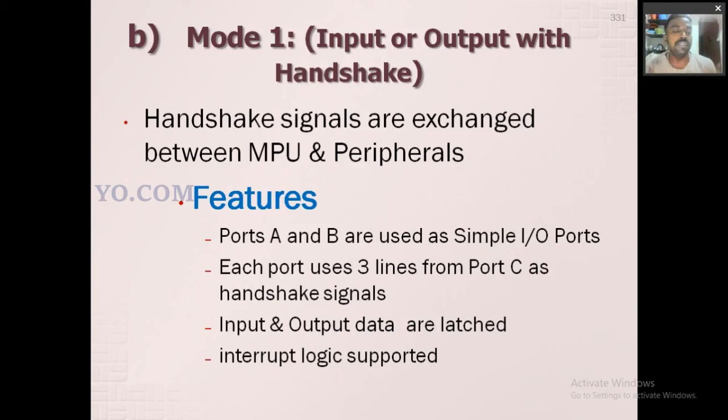Features of mode 1: port A and port B are used as simple IO. Each port uses 3 lines from port C as handshake signals. Port A and port B are normal input output ports, and port C acts as the handshake signal port. For input and output, data are latched. Interrupt logic is supported in mode 1.